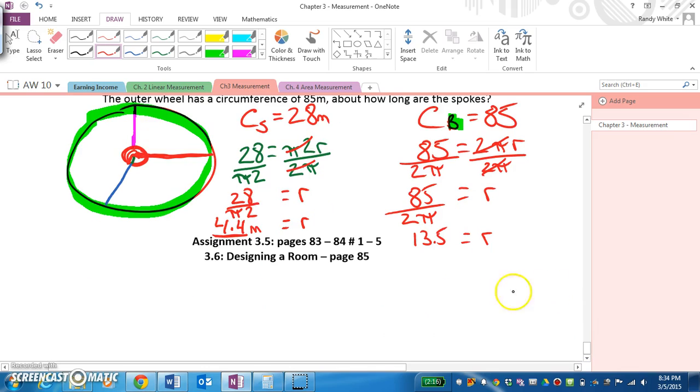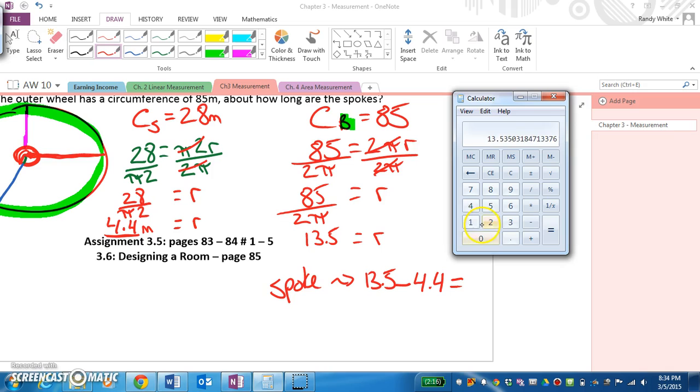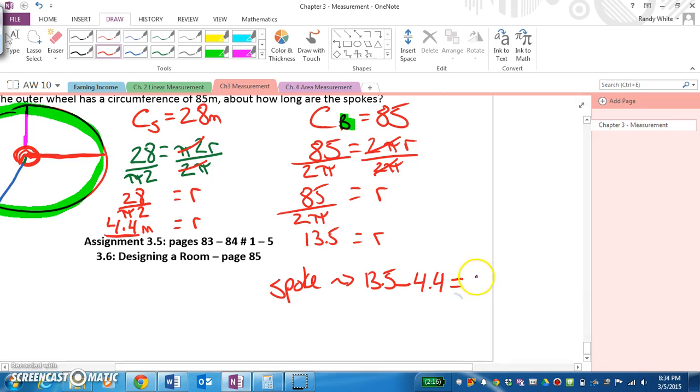So the spoke is 13.5 minus 4.4, which gives me 9.1 meters. Okay, tough question, no doubt about it. So if you have any questions, put your hand out and we'll come around and try to explain it some more. Okay, but now it's your turn.